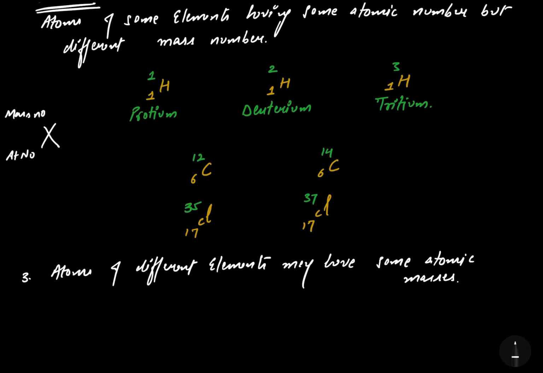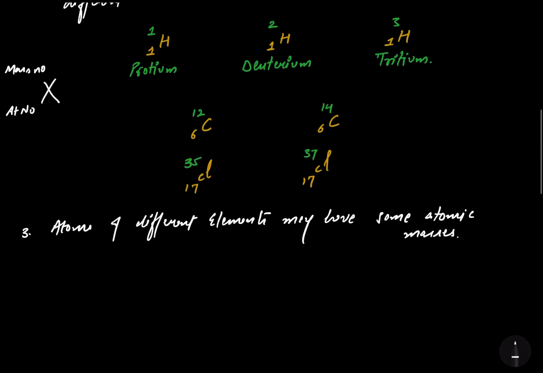The previous postulate said that atoms of different elements always have different masses, but now the atoms of different elements may have the same atomic masses. That's the modified one.